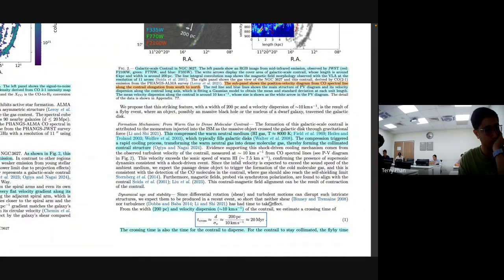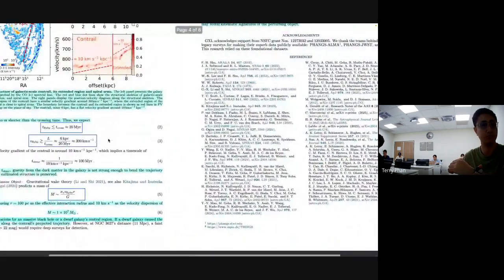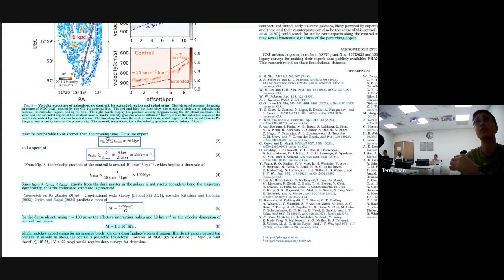For the contrail to remain narrow, the flyby speed must be around 300 km per second. This speed is faster than the galactic timescale, which is around 100 million years, explaining why the contrail must have survived.